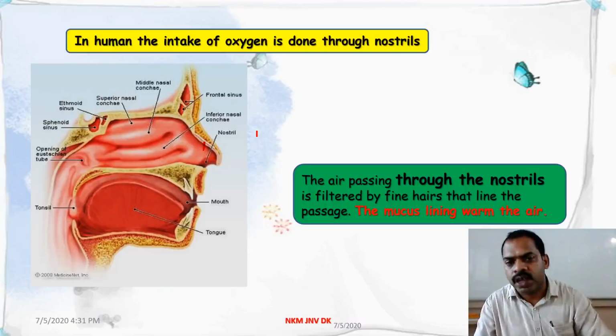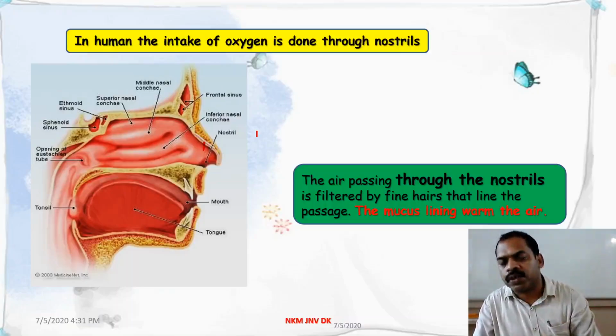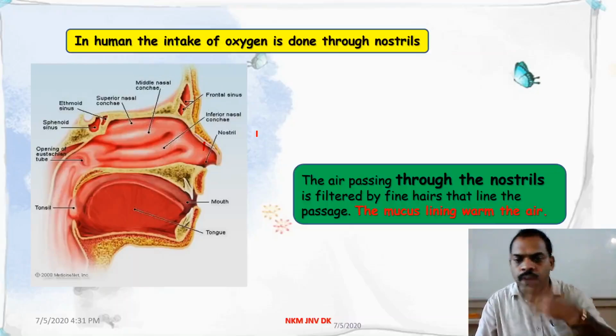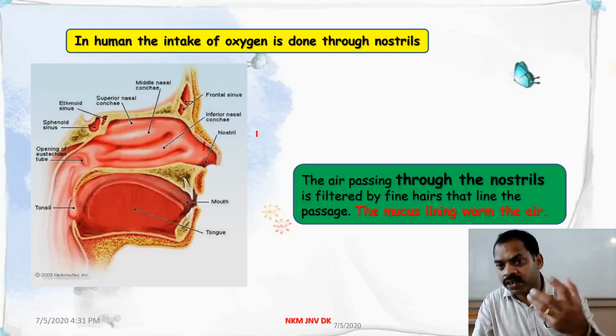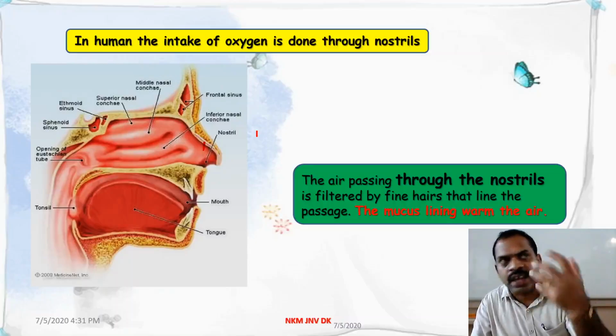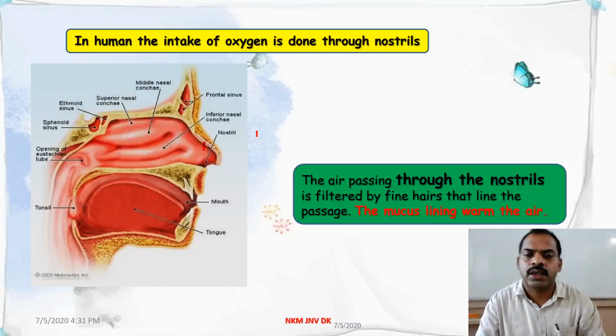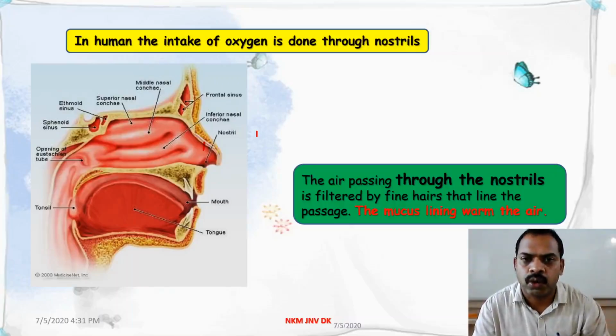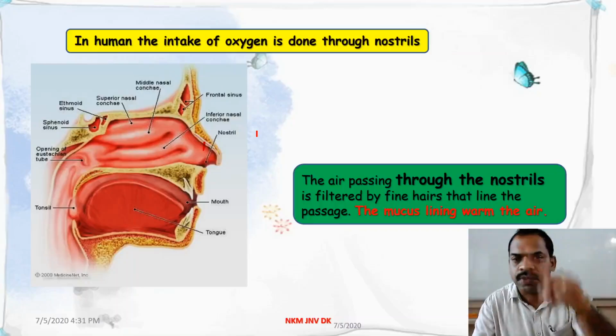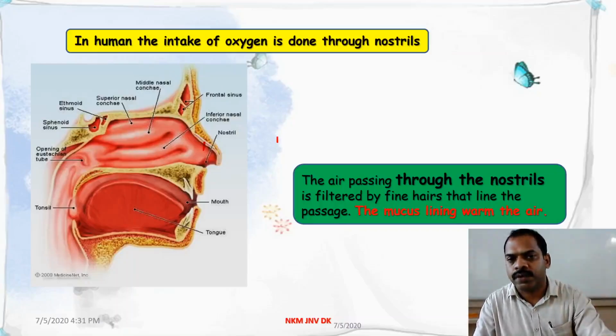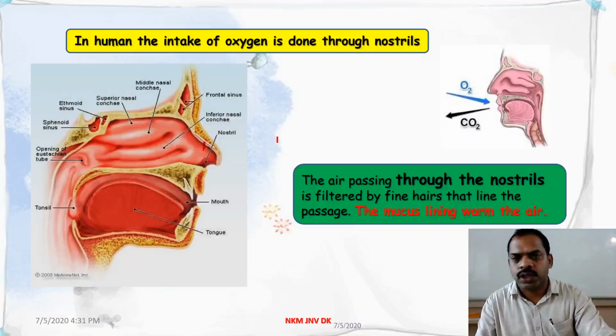If it is cold, there is less kinetic energy, less movement. So warmness and moist. How do you know that air is moist? Just exhale onto a mirror close by. We can see the water vapor coming. So this is how the oxygen as well as carbon dioxide move.